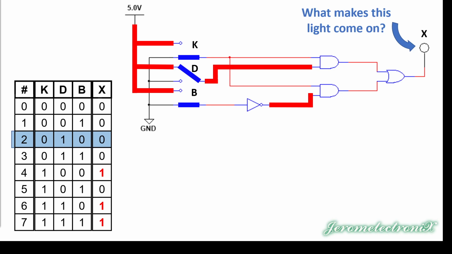And so what we've got is on the top AND gate, 0 times 1 is a 0. On the bottom AND gate, 0 times 1 is a 0. And so zeros flow through to the OR gate, and 0 plus 0 is still 0, which is demonstrating that the light is not coming on. Let's go to the next row.